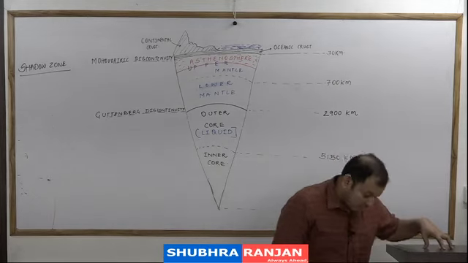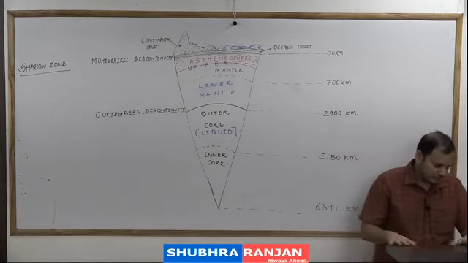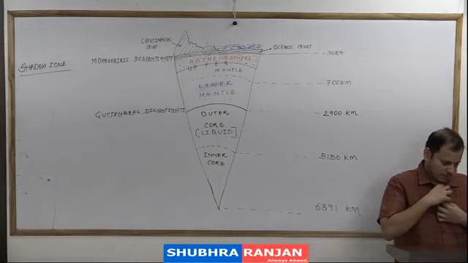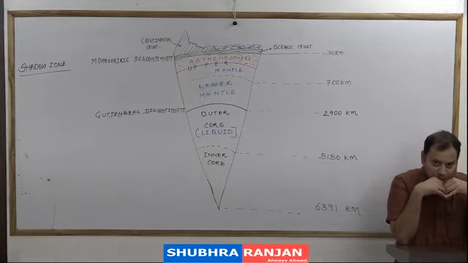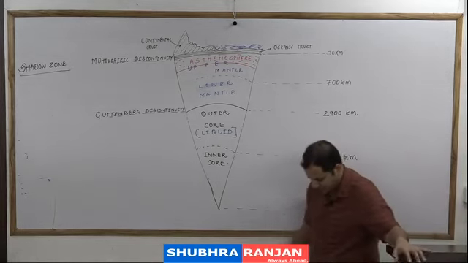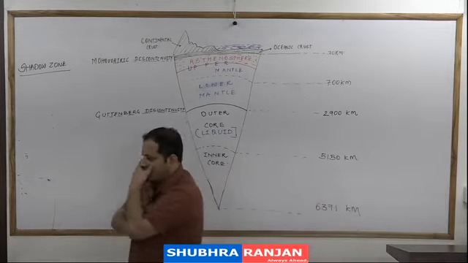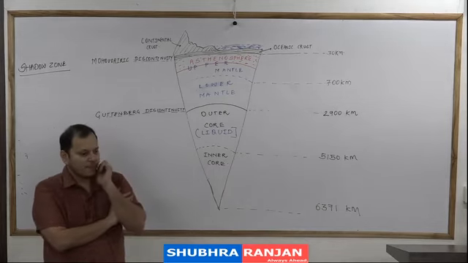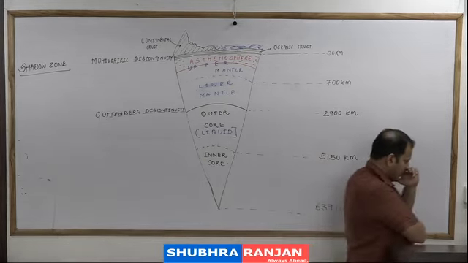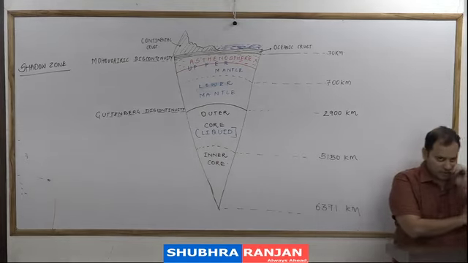It is divided into the continental crust and the oceanic crust.